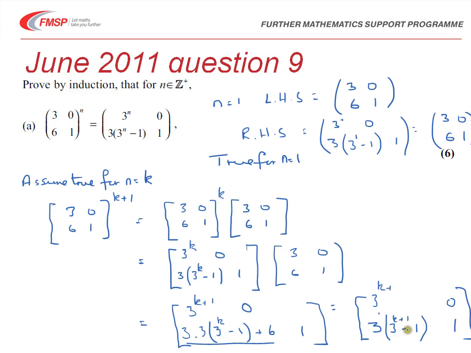So it's therefore true for n equal to k plus 1.